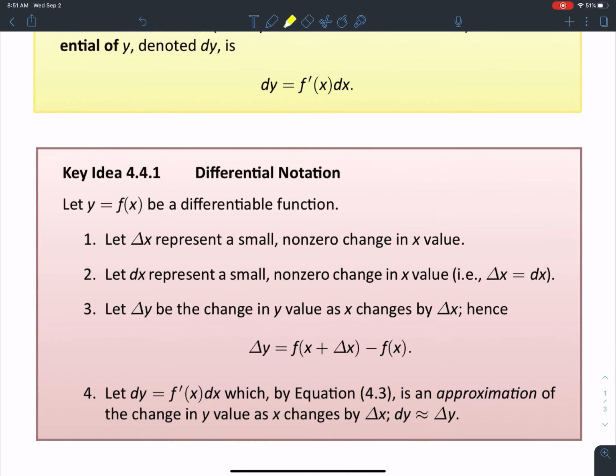And so I'm going to let dy equal the derivative of f of x times delta x, the differential of x, dx, which by equation 4.3 is an approximation of the change in y values as x changes by delta x. So dy is approximately delta y.